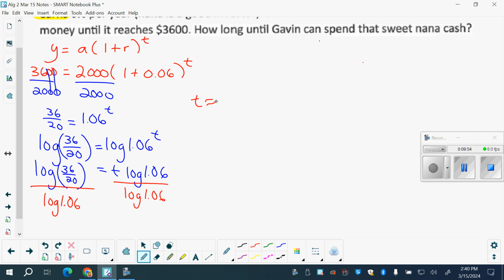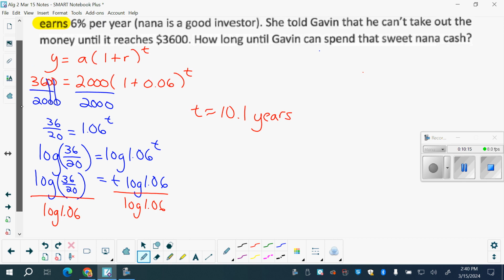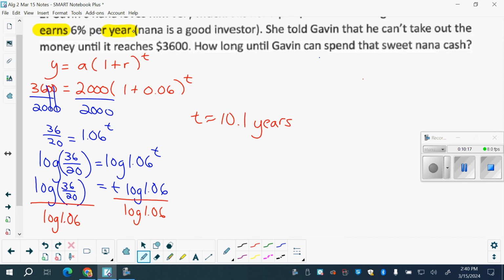What do we get for this one? You want to be doing this on your calculator because you want to make sure that you're able to get it yourself. 10.1, and it would be 10.1 what? Years. So per year there, so that's where the years comes from. That makes sense? Okay.